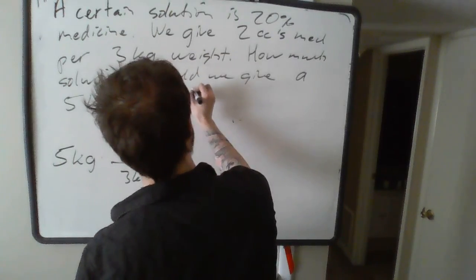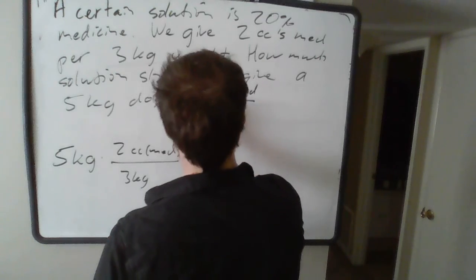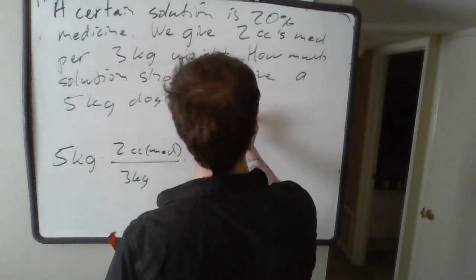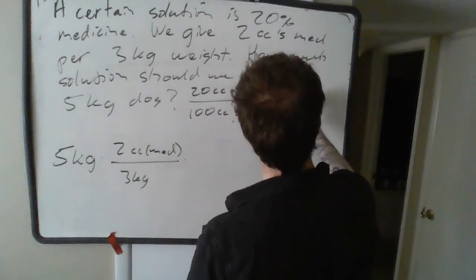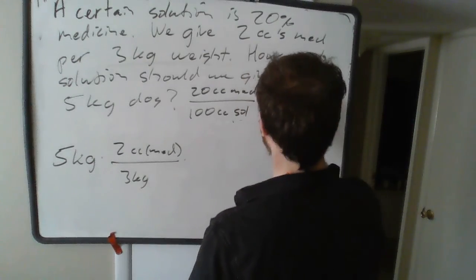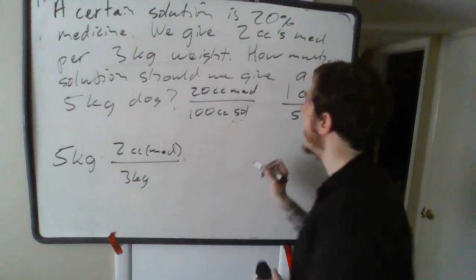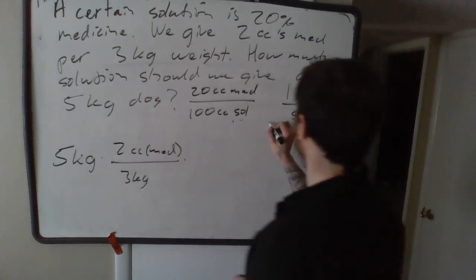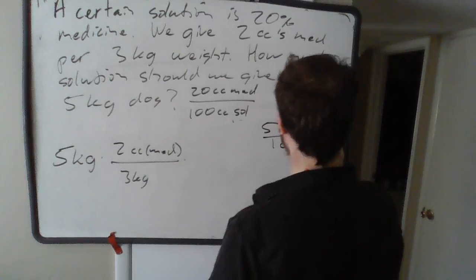Let's rewrite this over here. We have 20 cc's medicine per 100 cc's of solution. That really simplifies to be 1 cc of medicine per 5 cc's of solution. And that means that I need to have 5 cc's of solution per 1 cc of medicine.